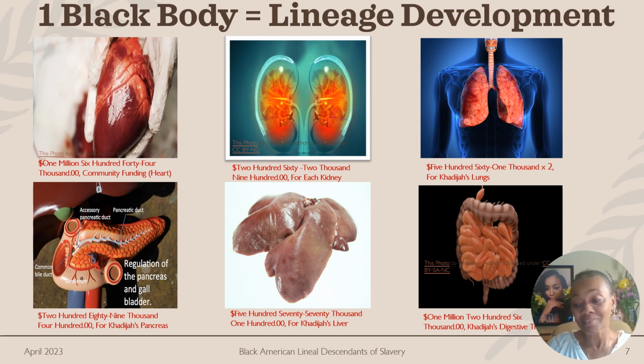Now, in my work citation, the price has gone up. I think now the price for a heart is $1,664,000 or something like that. It's gone up 20%. So just for the heart alone is $1,644,000. Okay.